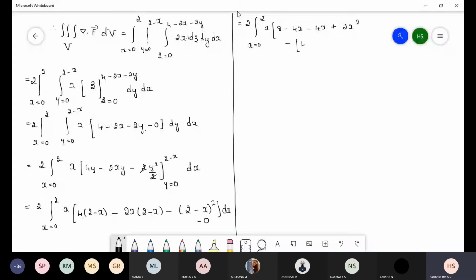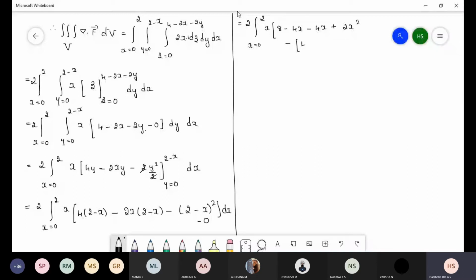So here 2 into x is equal to 0 to 2. Again I write here one more line. 8 minus 4x minus 4x minus 4 is 8x, minus 8x plus 4x.